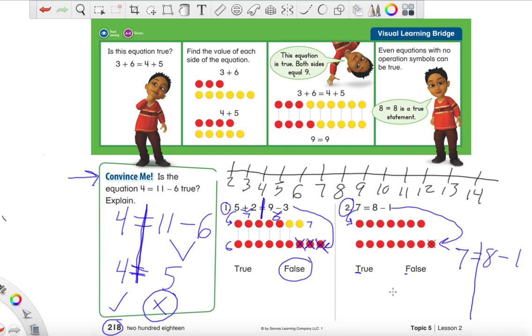Alright, if you're still working on it, pause the video and make sure you take your time. If you are finished, we're going to go through this together so you can check your work and make sure that you understand it.